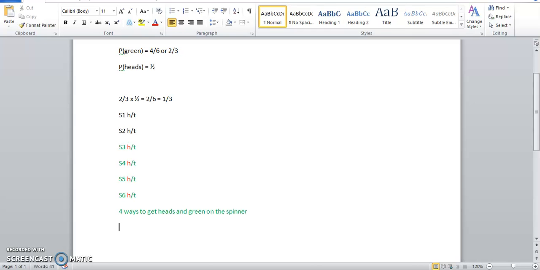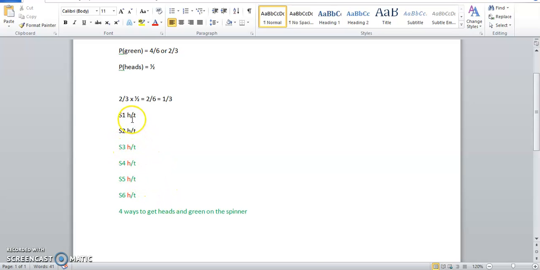You compare that to the total possible number of results you might have. The total possible number of results is the first spinner option and heads, the first spinner option and tails, the second spinner option and heads, the second spinner option and tails, and so on and so forth.